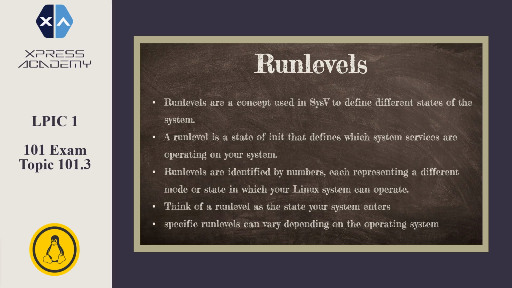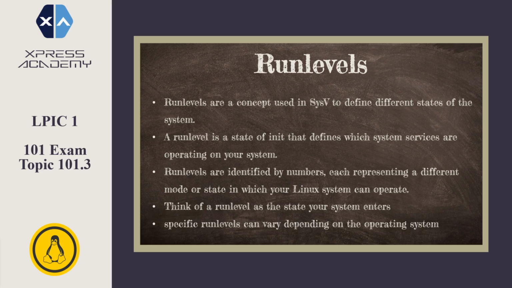Run levels are a concept used in SysV to define different states of the system. Each run level represents a different mode of operation, and each mode dictates which services and processes should be running. For example, there are run levels for shutting down the system, rebooting, single user mode for maintenance, and multi-user mode with or without networking.